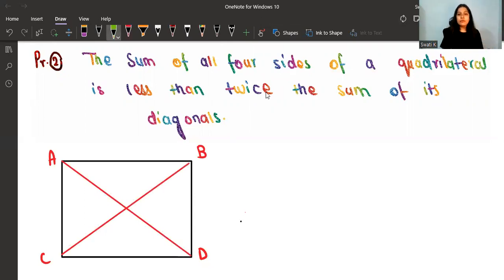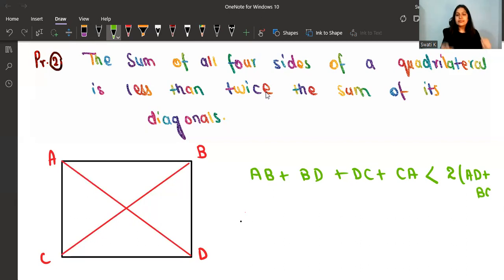The sum of all four sides, meaning AB plus BD plus DC plus CA, is less than twice the sum of its diagonals, that means twice the sum of AD plus BC. That's the statement. We need to prove this.